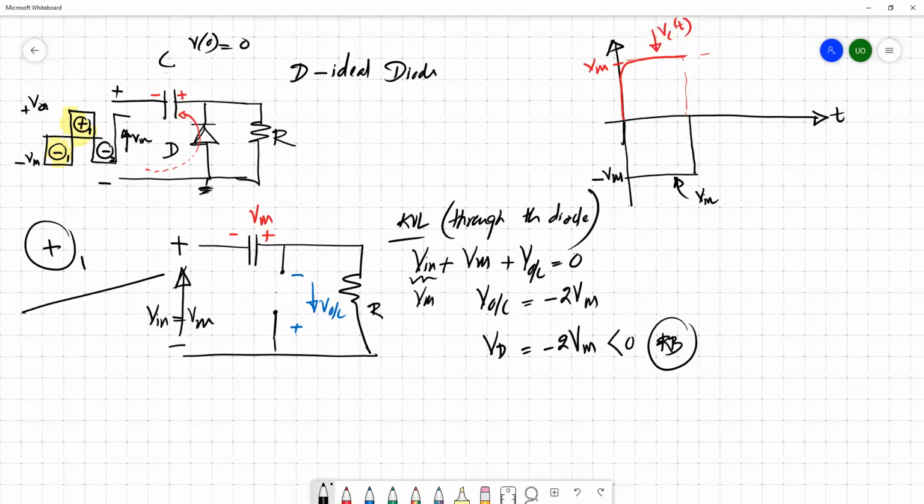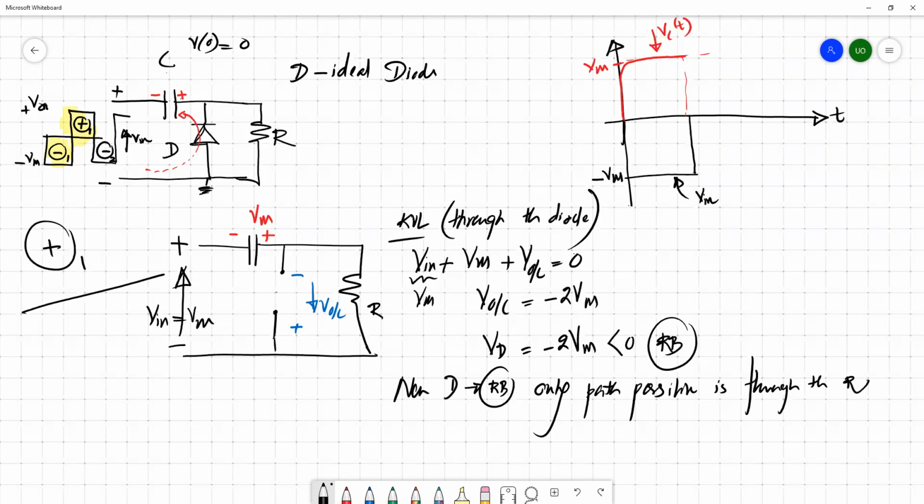Now the diode is reverse biased. The only path possible is through the R. So what happens now?